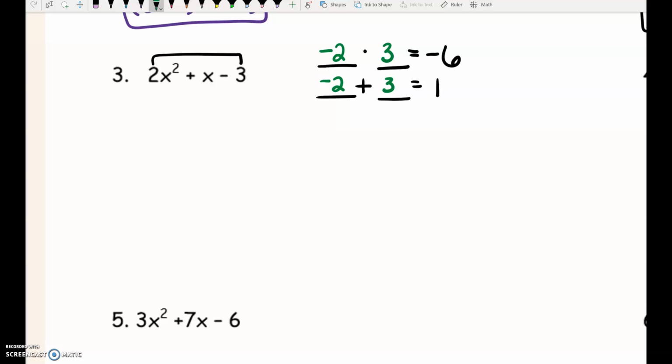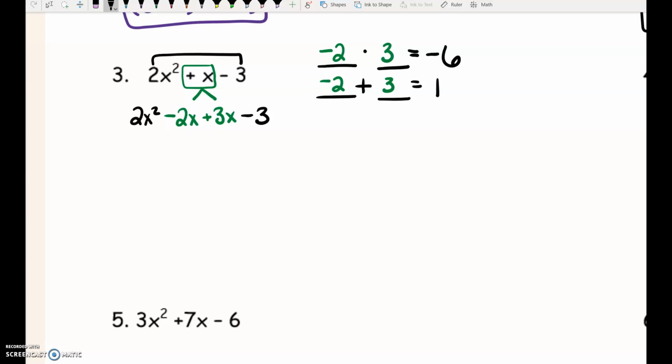Okay, we are going to undo double distribution. We're going to undo FOIL. This middle term was created by adding negative 2x and positive 3x. So we're splitting this, we're uncombining the like terms. We still have the 2x squared in the front.